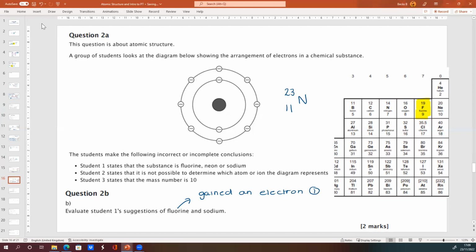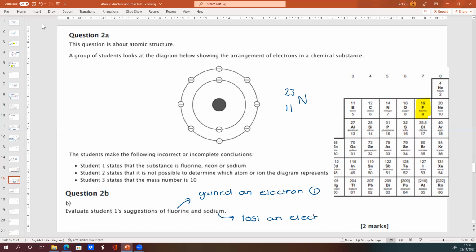That would give you 1 mark because it's got 9, whereas we know this diagram has got 10. But if it picked an electron from a metal atom, it could be fluorine. And it could be sodium. Sodium has 11, but if it lost an electron, so it could be sodium if it lost an electron.